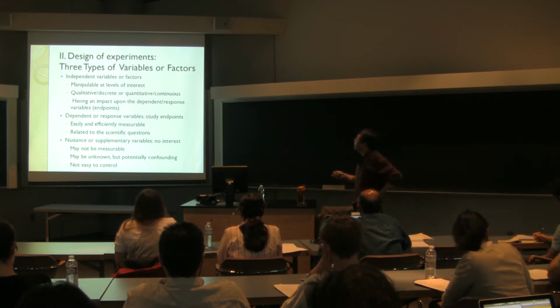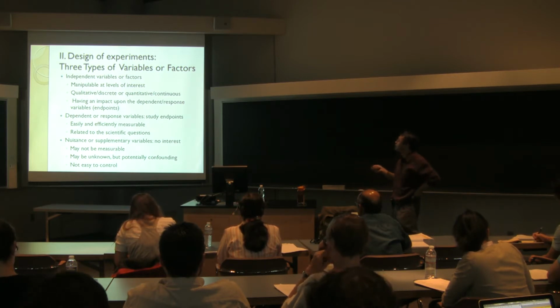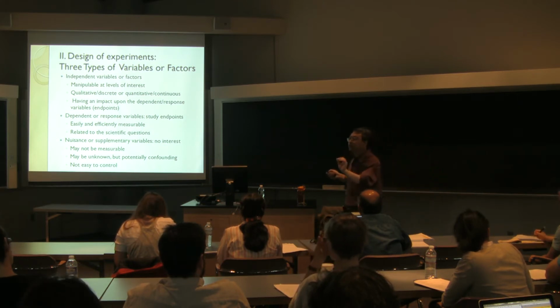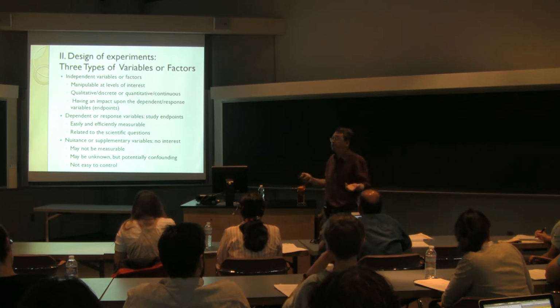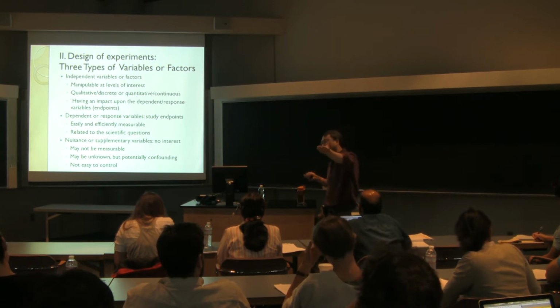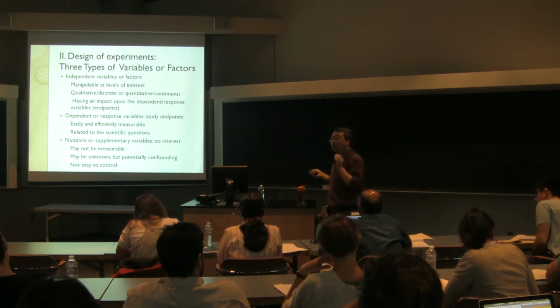The third type of variable you need to think about is the so-called nuisance or supplementary variable. Usually you have no interest in this kind of variable. For example, in a vaccine study on mice, you are usually not interested in the age of the mice. I don't care whether they are two-week-old mice or 28-week-old mice, but you want to control it.